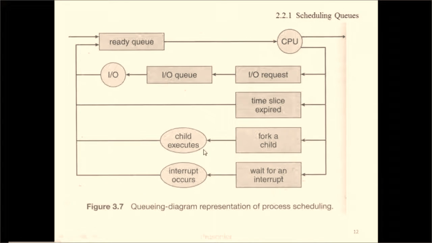We'll be going into details as we proceed, but currently remember that a process has created another process and it has to wait until the child completes its execution. So the parent process goes into the waiting state, waits for child execution. When the child execution completes, the parent process goes back to the ready queue.